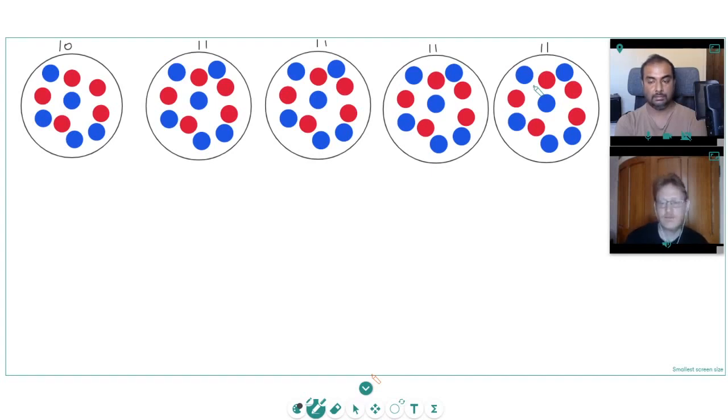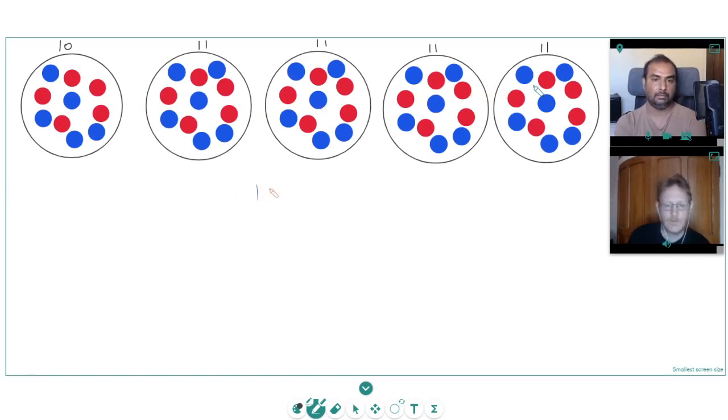And to work out the relative atomic mass, we want the average mass of these nuclei. And so to get that, we just add all the particles of the nuclei up, the protons and the neutrons, which give us the mass, and divide by how many nuclei we've got here, which is 5. So rather than add up all the blue and red dots there, we can see that there's 10 in the first isotope and 11 dots in the next 4.